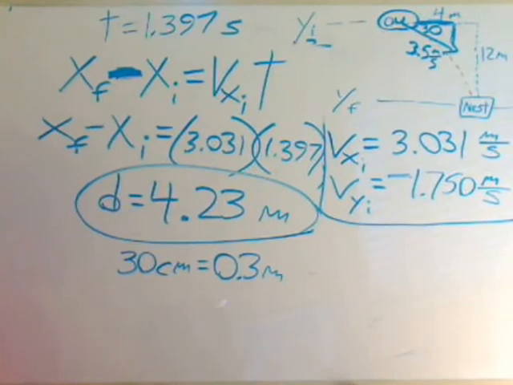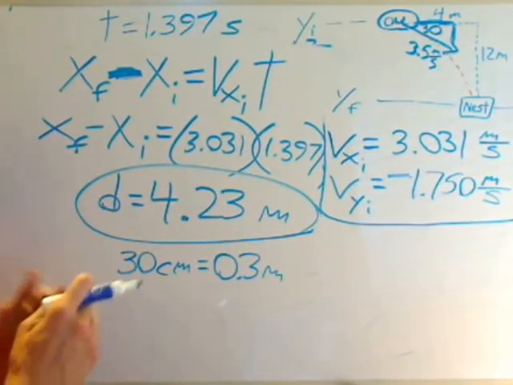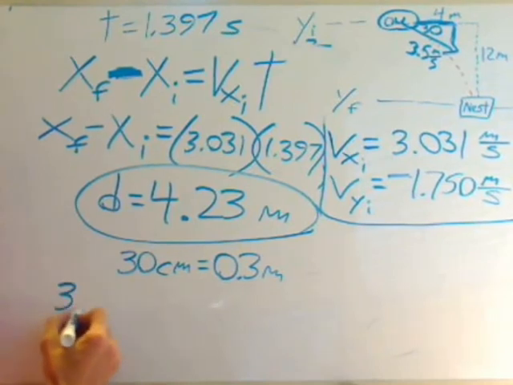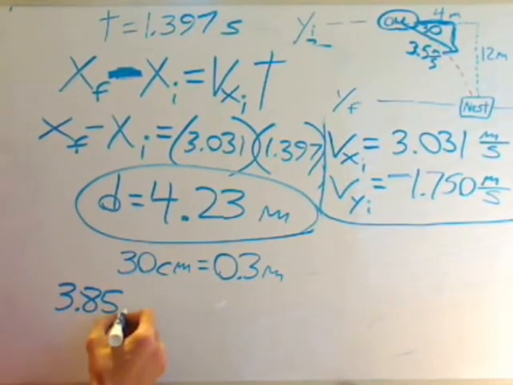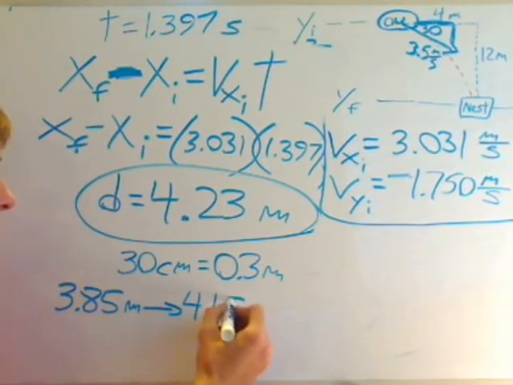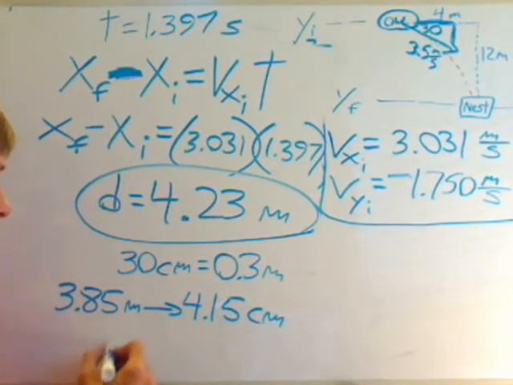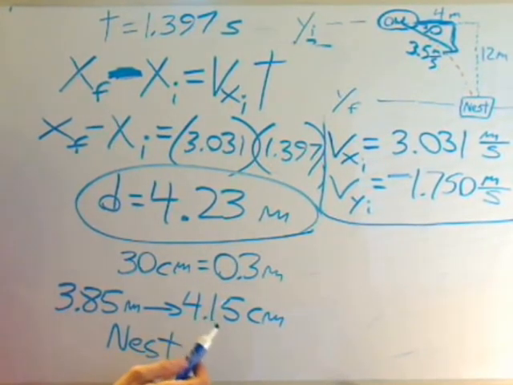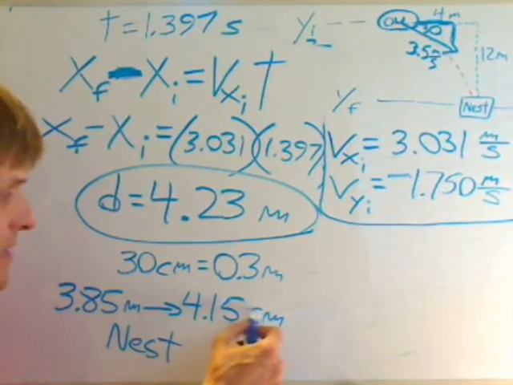So in other words, if the nest is centered at 4 meters, then the nest would cover the range 3.85 meters to 4.15 meters. So that's the x range of the nest. So that's a total length of 0.3 meters, 30 centimeters. I'm sorry, this should be meters over here.